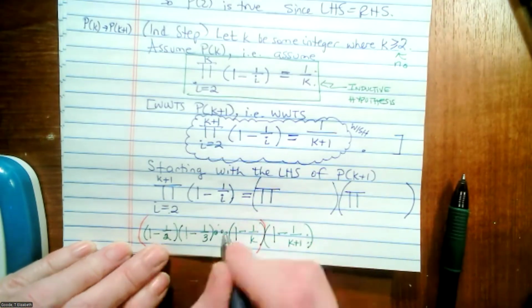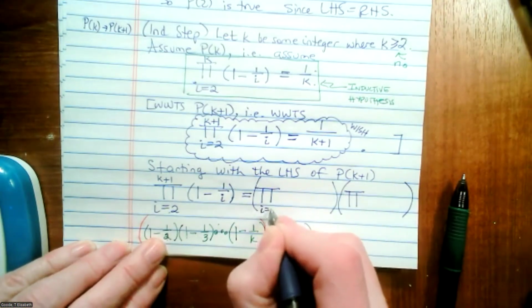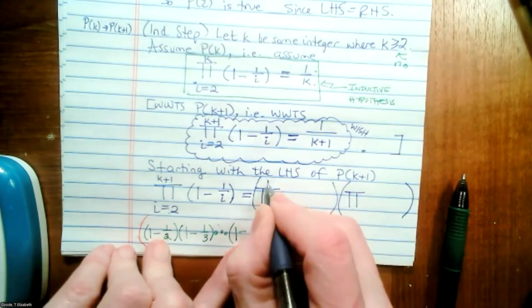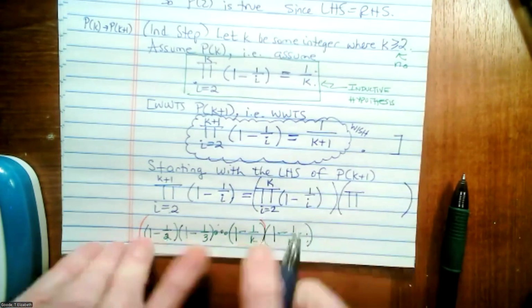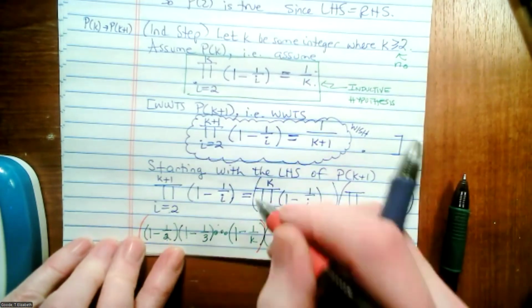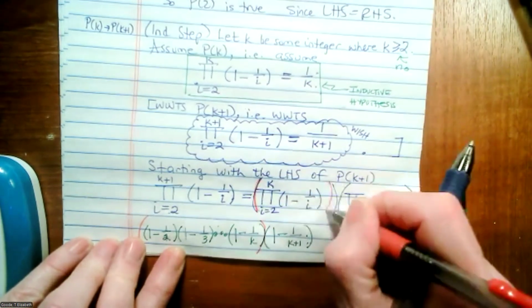We're going to take the product from I equals 2 to k of 1 minus 1 over I. That's all of these, so I'll put that in red.